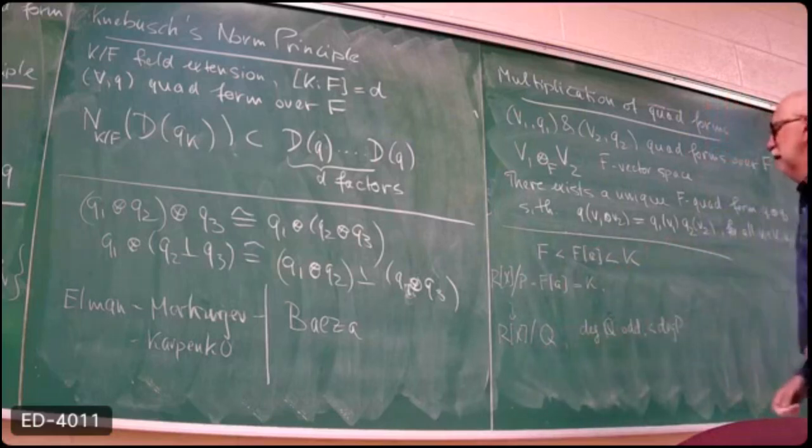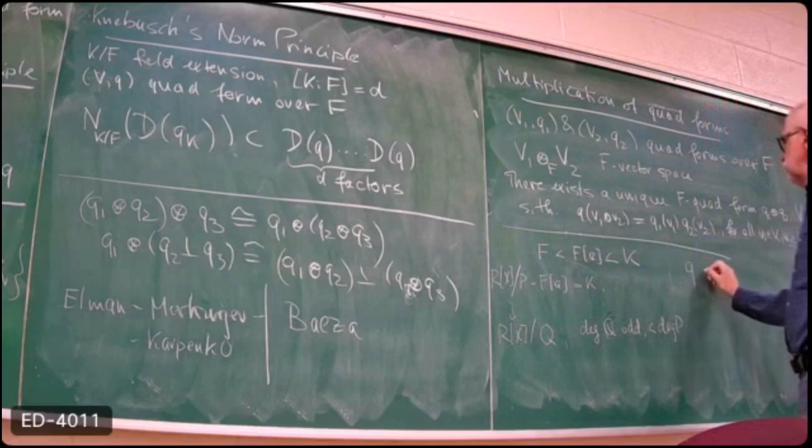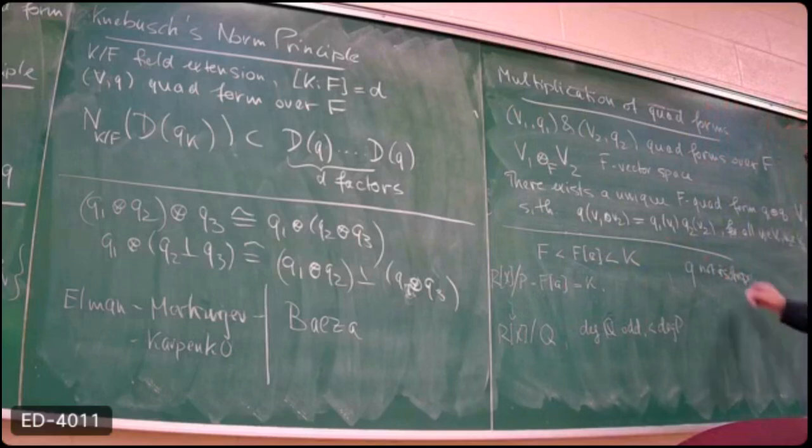Okay, I forgot to say the principle of Croot: you assume that Q is not isotropic, by contradiction. Not isotropic, meaning it's anisotropic, but over K it is isotropic, and show that this cannot happen.